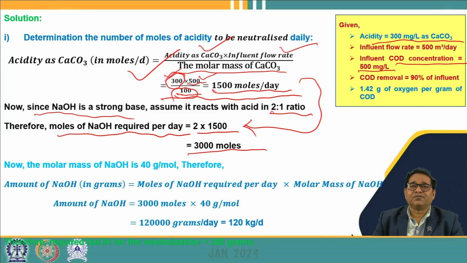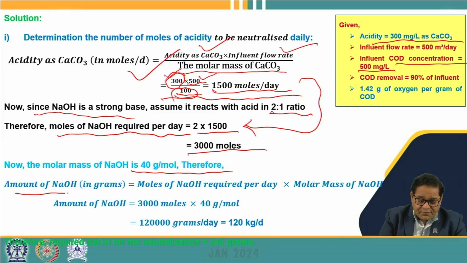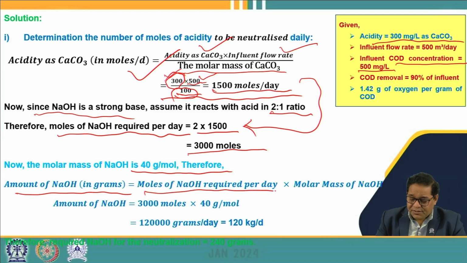Now we can convert this in terms of how much kg per day is required. For this we have to multiply with the molar mass of NaOH, which is 40 gram per mole. So to find the total amount of NaOH in grams, we multiply the number of moles with the molar mass of NaOH.